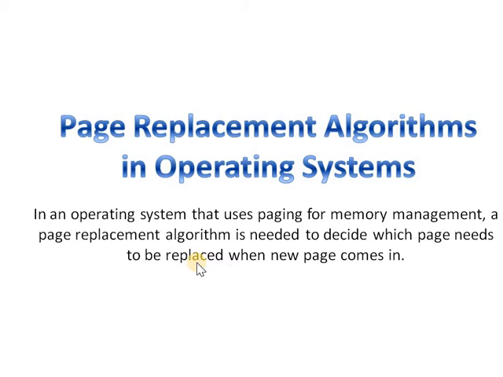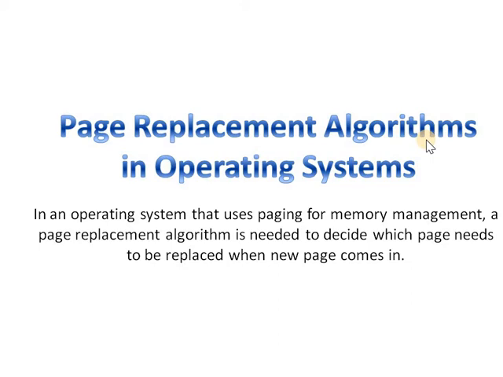And this may cause some pages in the main memory to be replaced due to limited storage. A page replacement algorithm is required to decide which page needs to be replaced. For this reason, we use different page replacement algorithms to decide which page needs to be replaced in the main memory.